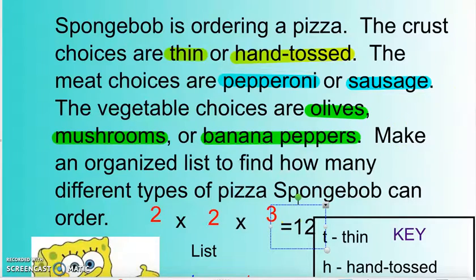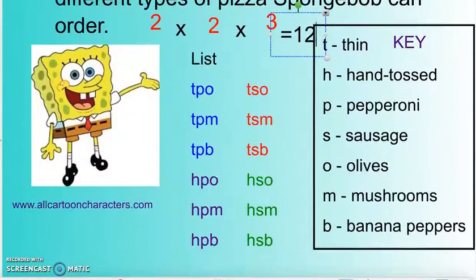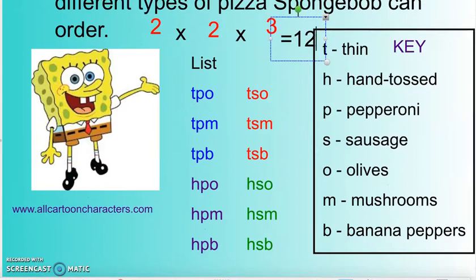And how many options did we get in our list? 12. And so I know that I have included every single option that I can have for ordering a pizza for SpongeBob. And so my answer is 12. So there's 12 different selections for pizza.